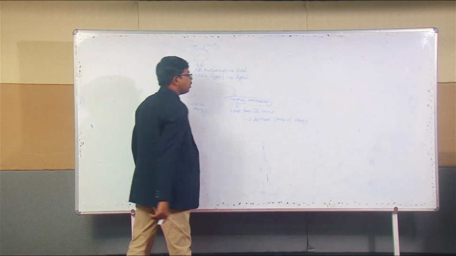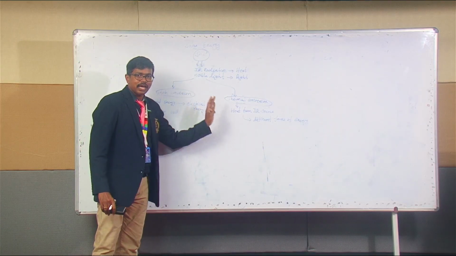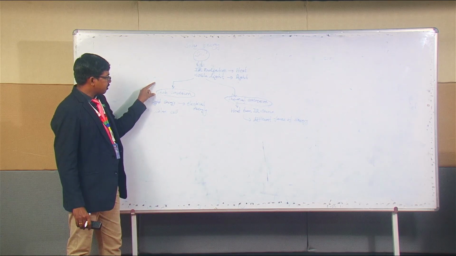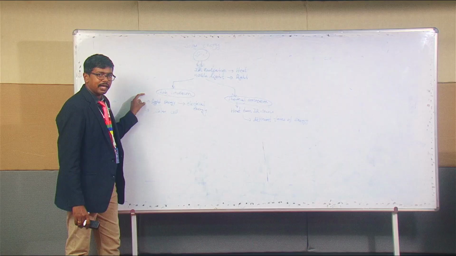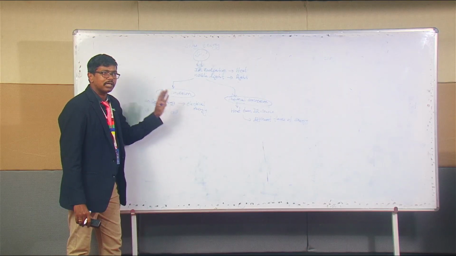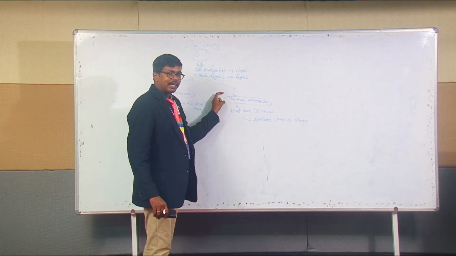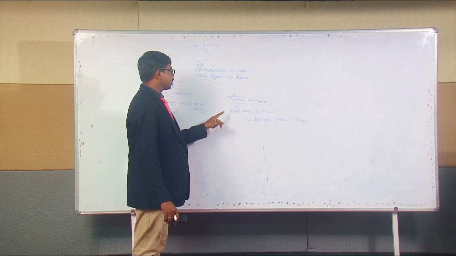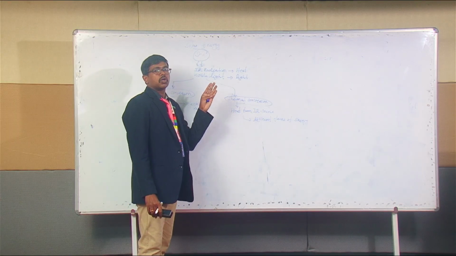In both cases we utilize the sun as the source. In the first case, photo conversion carries the light energy and converts it into electrical energy. It is the most widely used process. In thermal conversion, we collect only the heat from the sun and convert it into different forms of energy. This is majorly used in cold places.